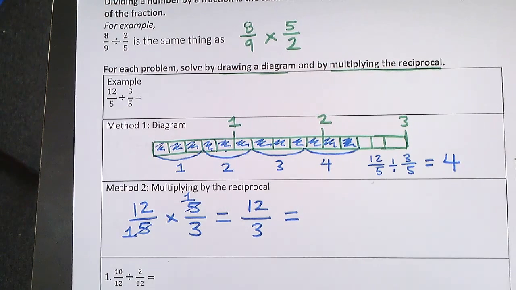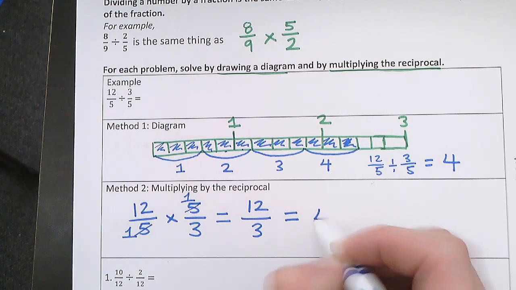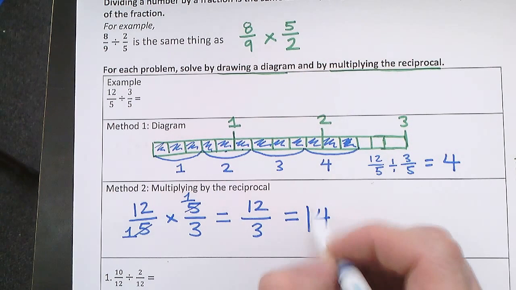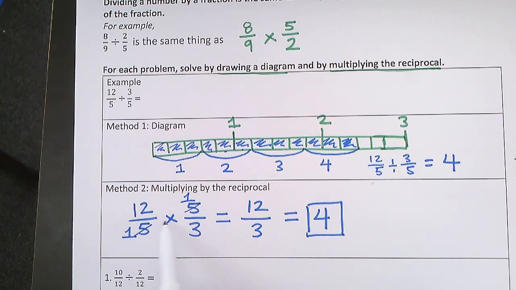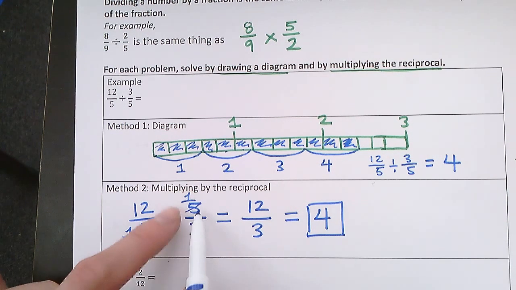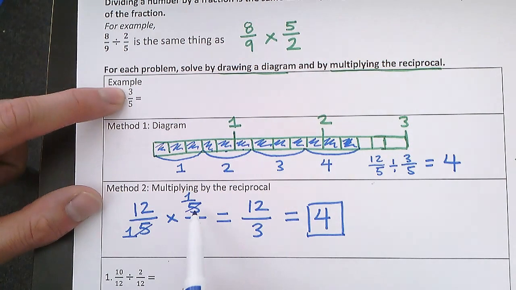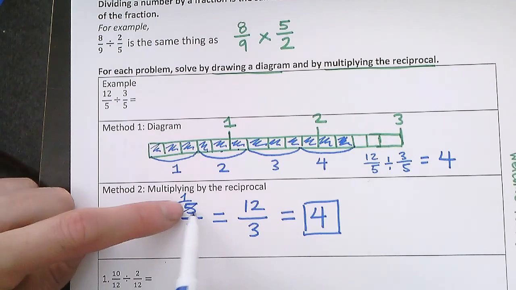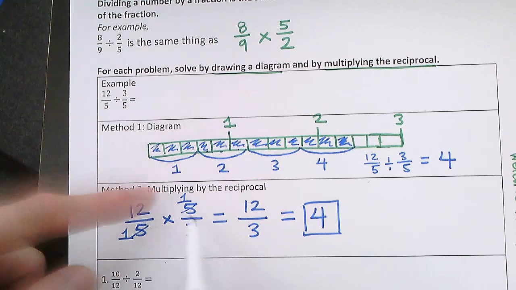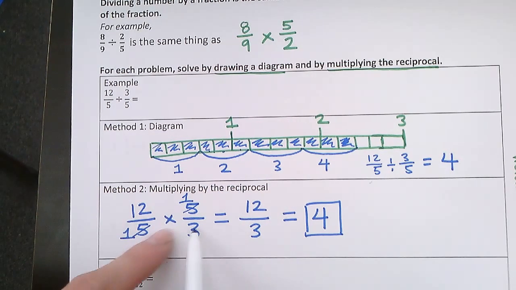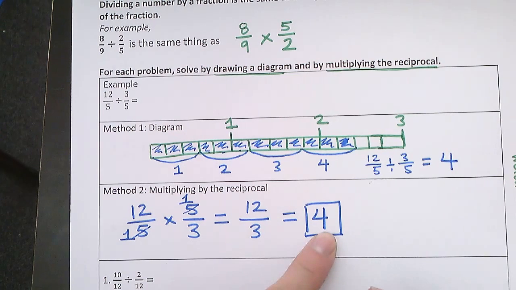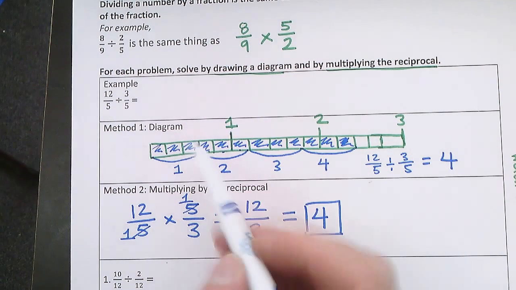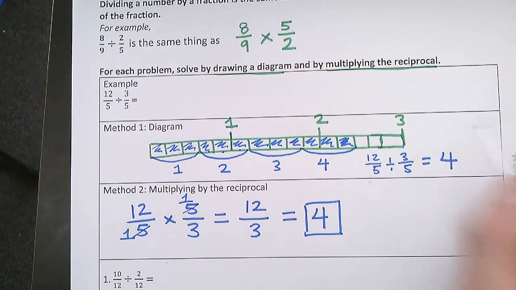In this case, it's 4 with no remainder. So 4 is my final answer. So I had 12 fifths, multiplied it by the reciprocal of 3 fifths, which became 5 thirds because we switched the numerator and the denominator, multiplied across, and that gave us 12 thirds. Simplify that, and we got 4. We also did it by drawing a diagram.